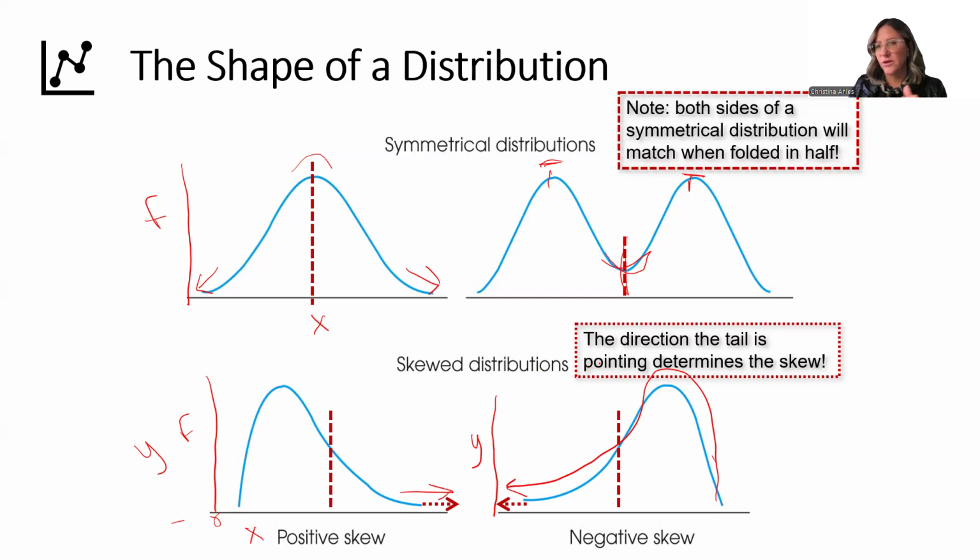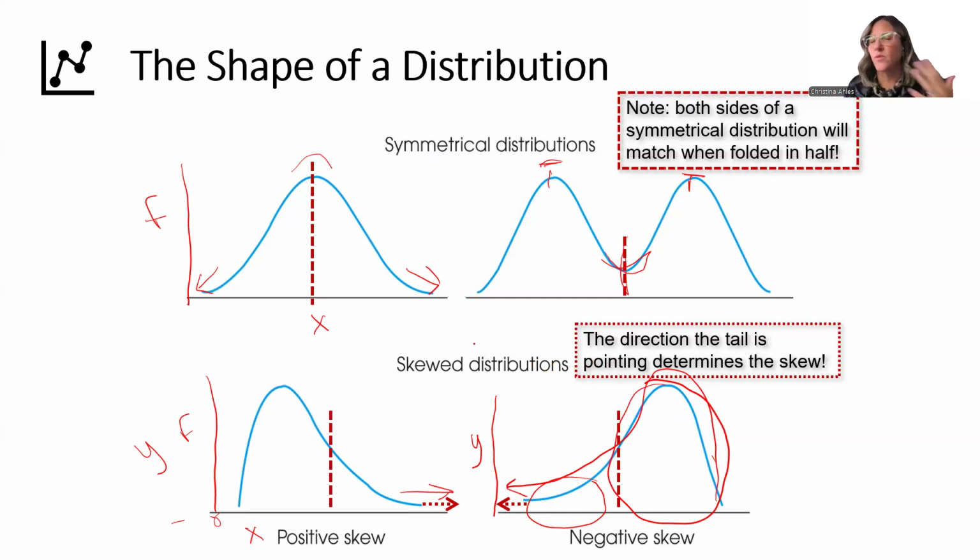So often you can look at those tails and the bulk of the data. I always think of where the majority of the data falls. There is less data over here in this small area than this large area. So the majority of the data is on the positive side, and it's skewing away from the lower numbers, the negative side.